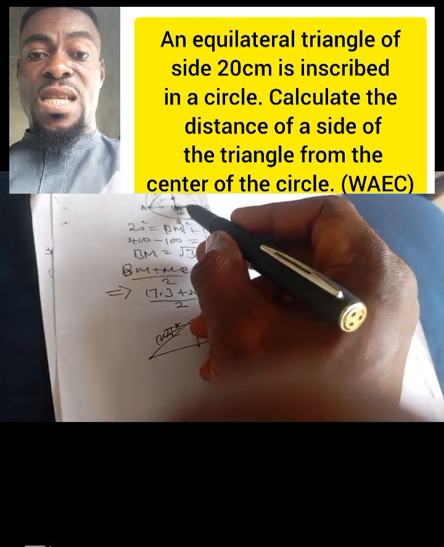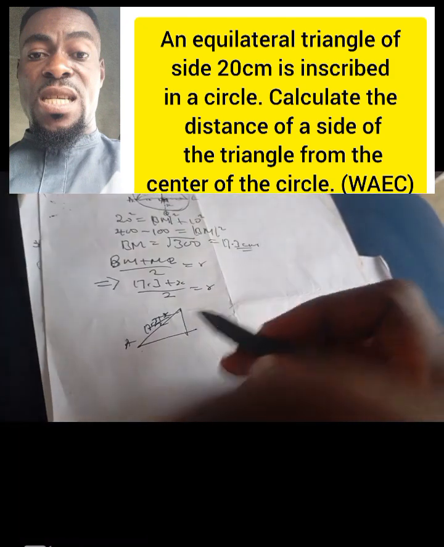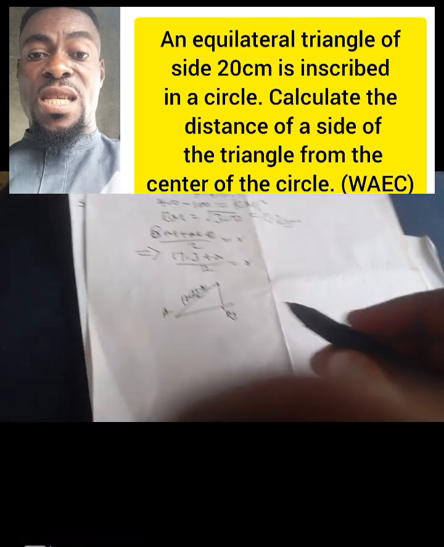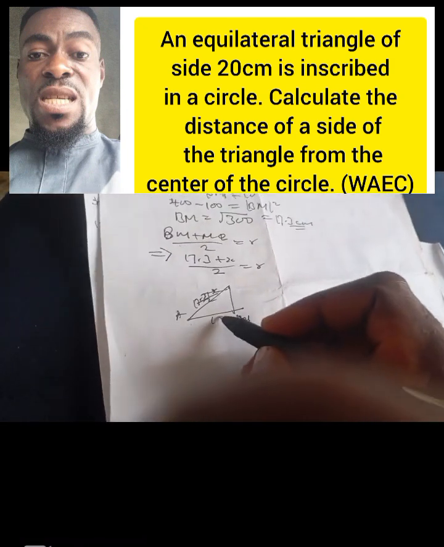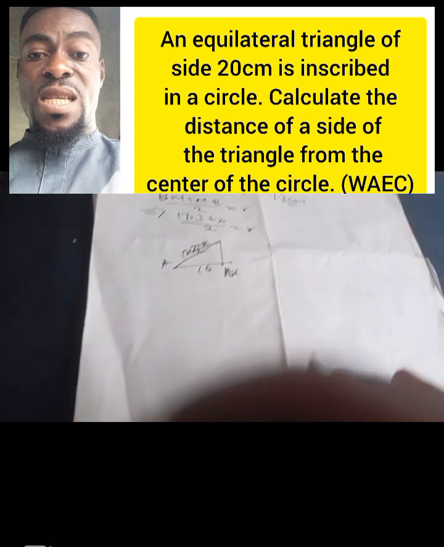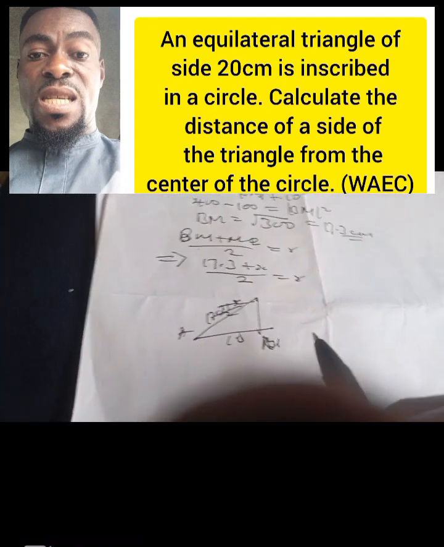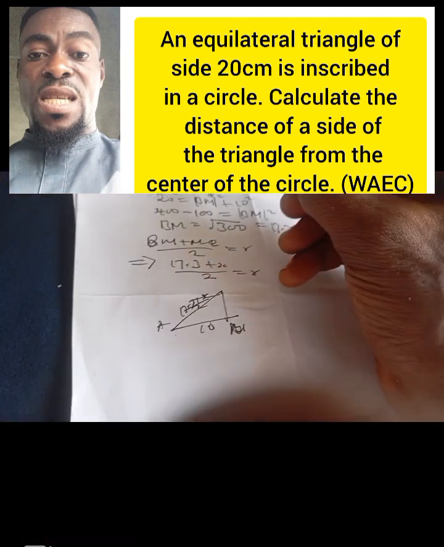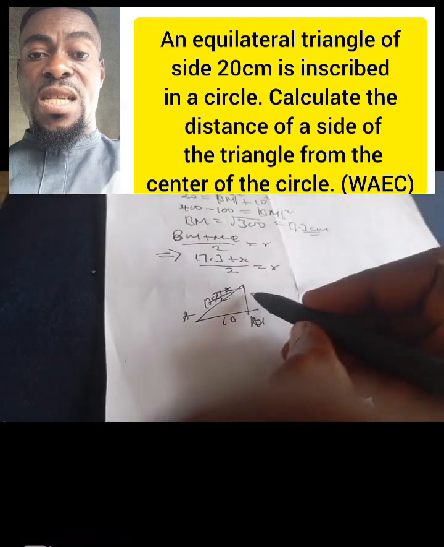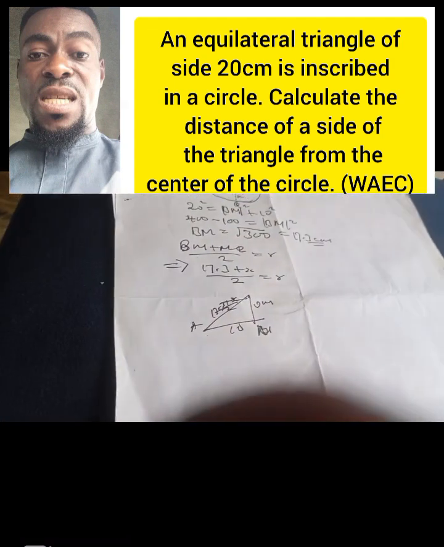Then we have AM. This is A. This is M. Then we have AM to be 10. Having gotten AM to be 10, we have to solve for OM.